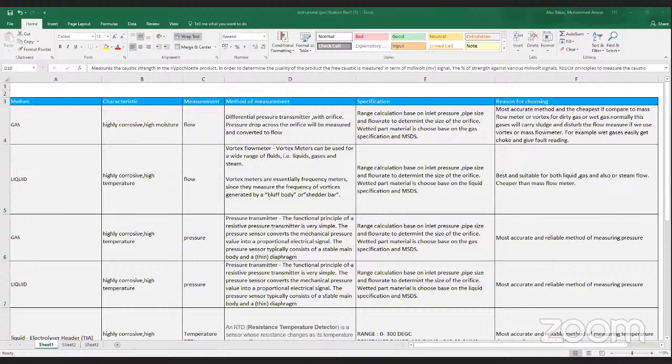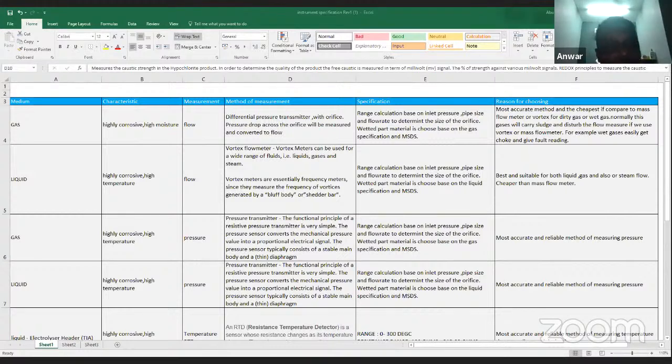Okay. So for the second question, how much do you encounter usage of optical sensors in your work line? We do not have optical sensors in my plant previously.